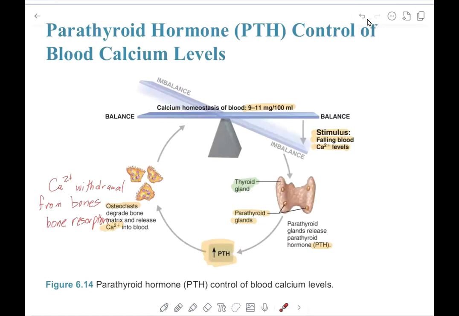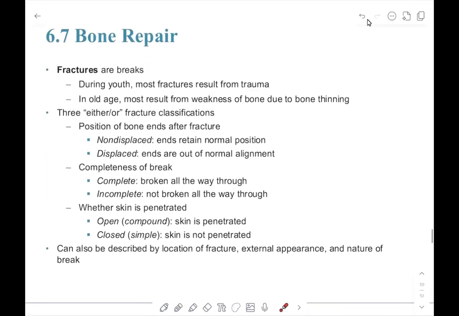So the next topic is on bone repair. So fractures are breaks. During youth is when most fractures occur because of trauma, because those bones are not yet completely ossified. In old age, most result from weakness of bone due to bone thinning.